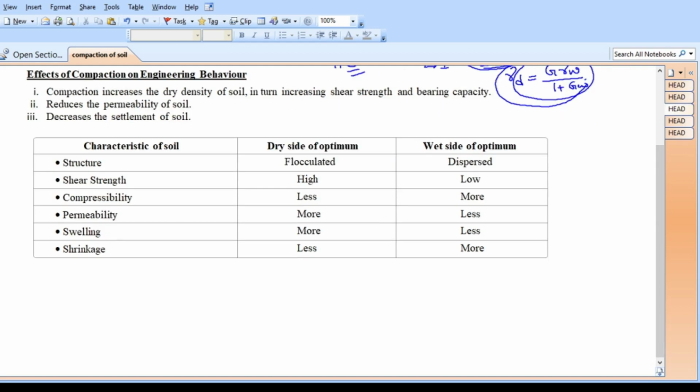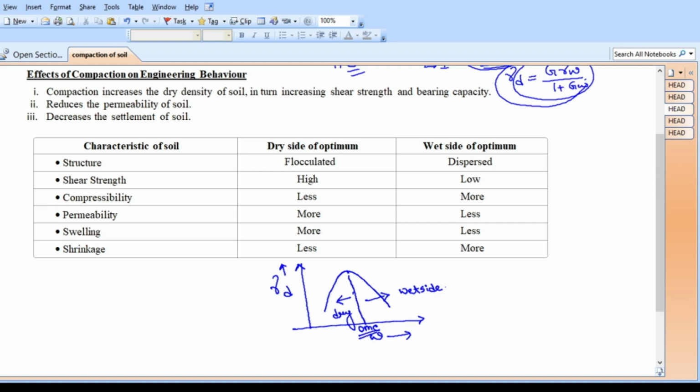For example, if we draw a curve like this, plotting dry unit weight against moisture content, as we have seen earlier, the peak value that we achieve corresponds to the maximum dry density at optimum moisture content. The left side of it is considered the dry side of optimum, and the right side of the OMC is considered the wet side of optimum.